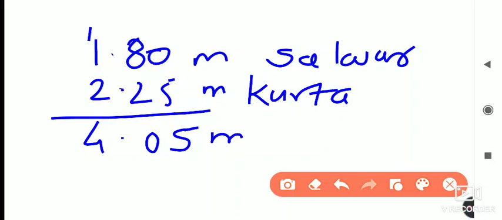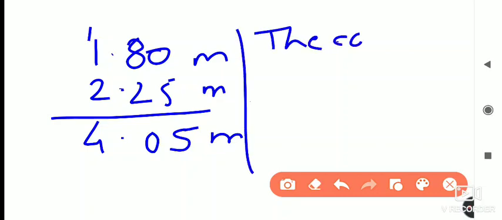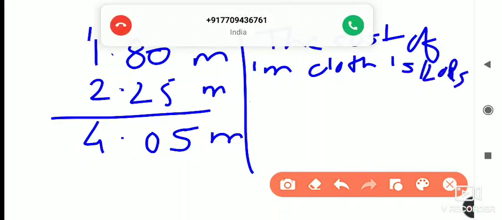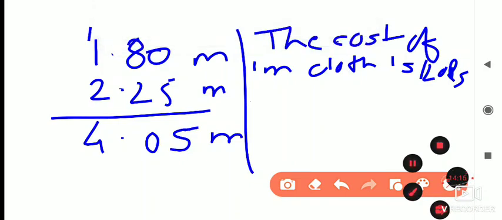Now we have to find out the cost of it. For that, the cost of 1 meter cloth is 120 rupees.